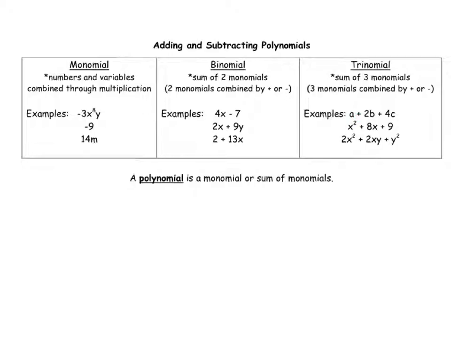So a plus 2b plus 4c, that's three terms that are added together. This is three terms added together, and that's three terms added together. But remember, you can also have subtraction in there. So a polynomial is a monomial or sum of monomials. That's the true definition. All right, once those are in your notes, then we'll move on.